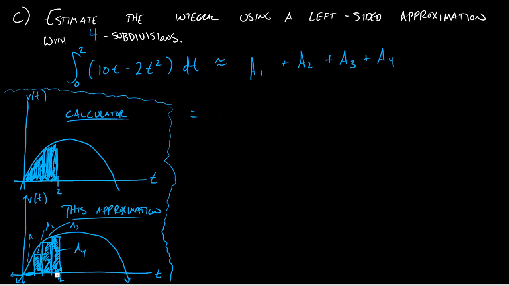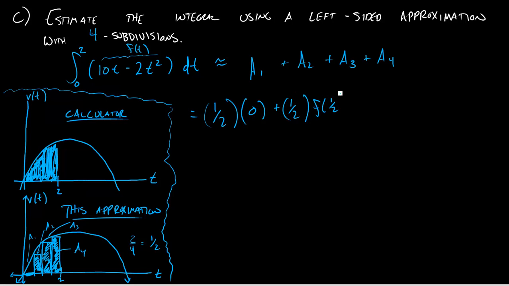The base of each of these is 2 divided by 4, so 2 divided by 4 is equal to 1/2. So it'll be base times height, so 1/2. Now the height of the first one is 0. What's the height of the second one? I'm going to call this thing f of t for now. It's actually just going to be f of 1/2.